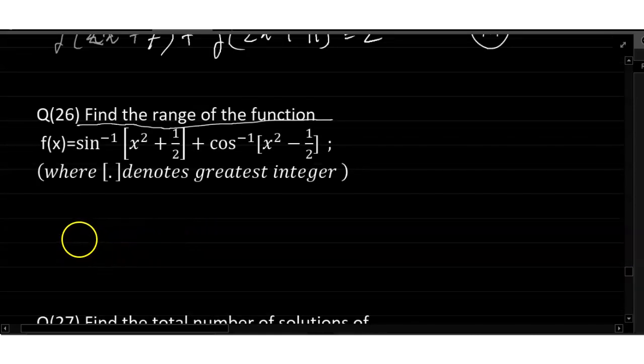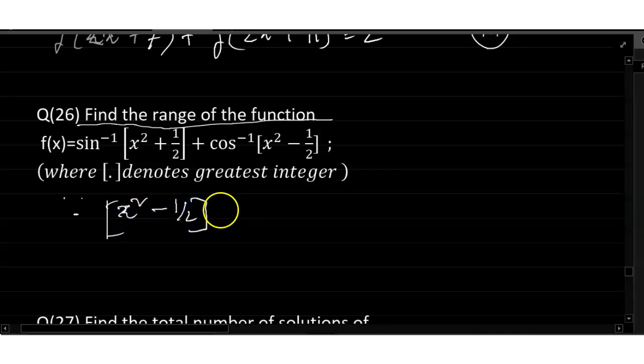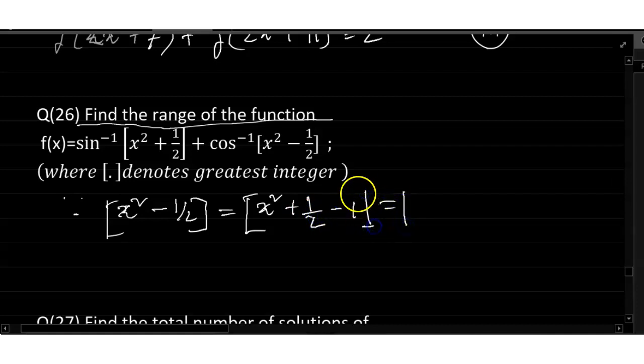So that we can write x square plus half can be x square plus half minus 1 equals x square plus half minus 1.